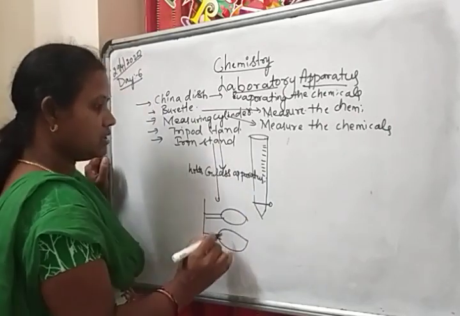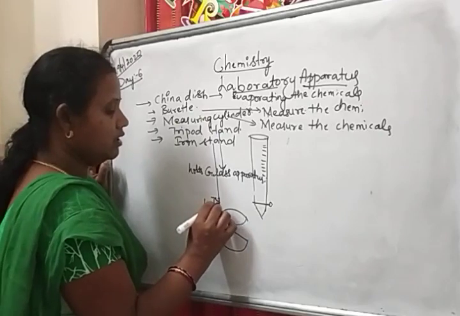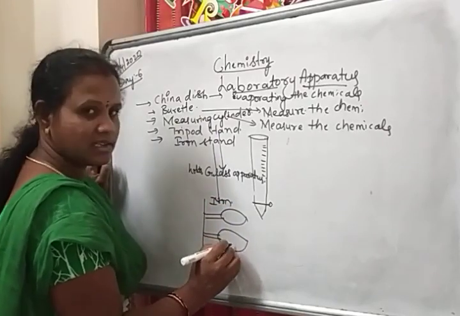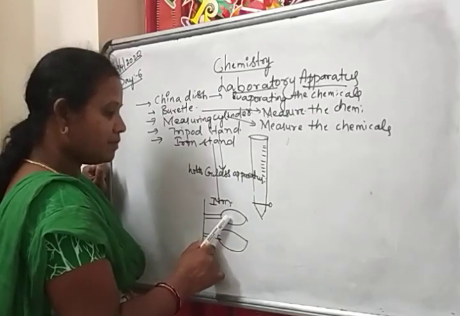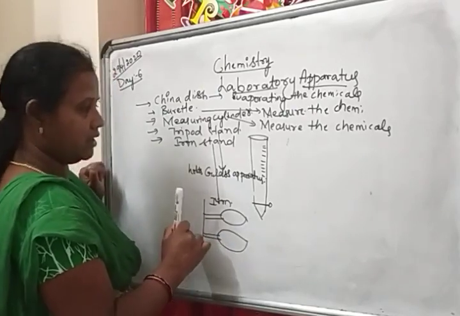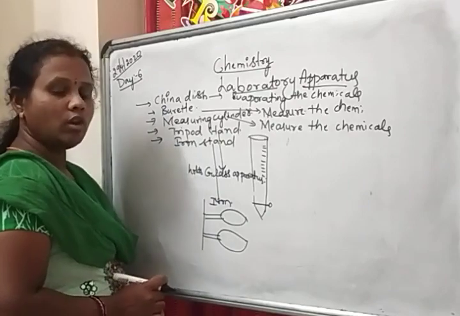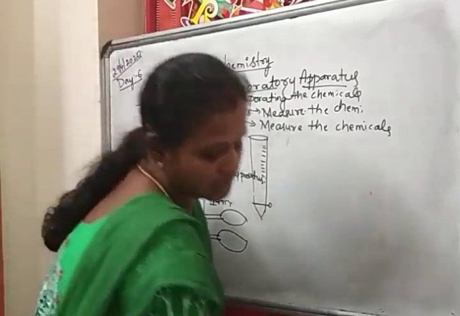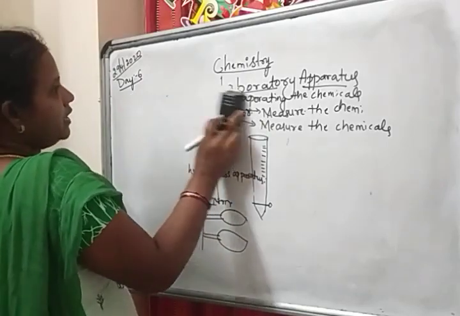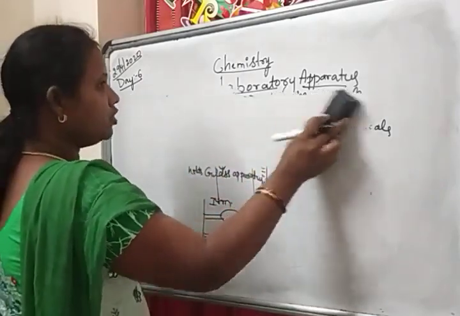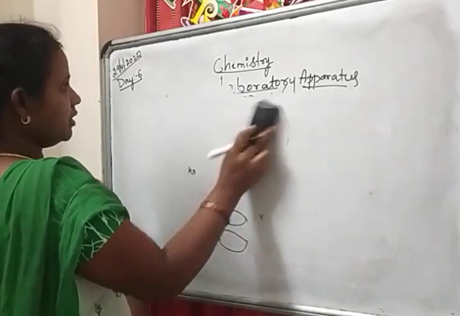So this is an iron stand. The round bottom flask and the hard glass test tube are just placed in this iron stand. So these are all we have learnt in the last class. And today with 3 more laboratory apparatus, we are going to complete this lesson, children.